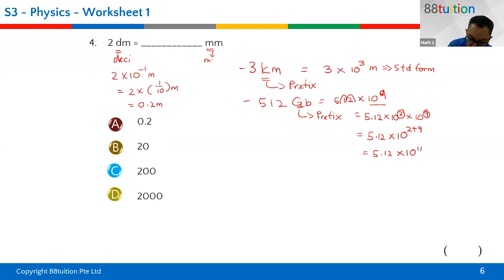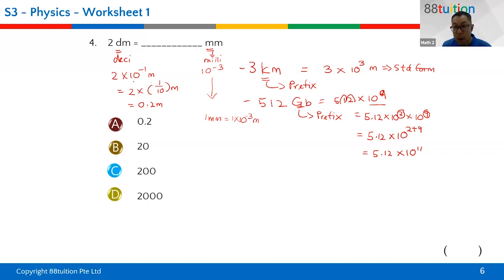Okay, milli stands for 10 minus 3. Okay, so 1 millimeter will be equals to 1 times 10 power minus 3 meters.